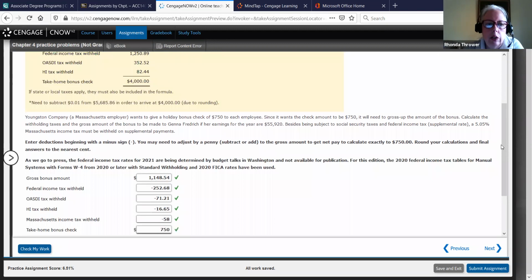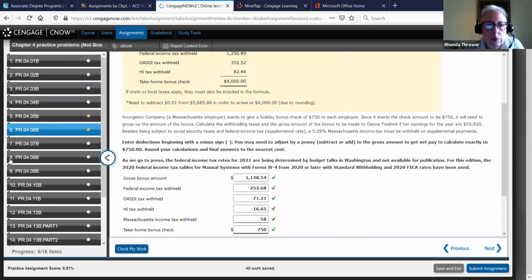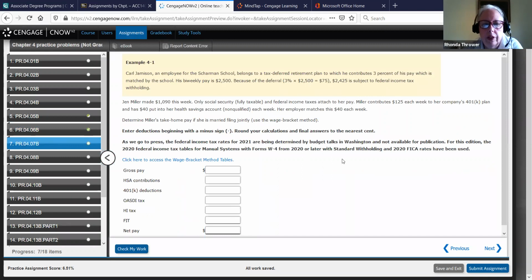So I need to go to the next problem, which is 407. All right, on this problem, it says Jen Miller made 1,090 this week. Only Social Security is fully taxable.